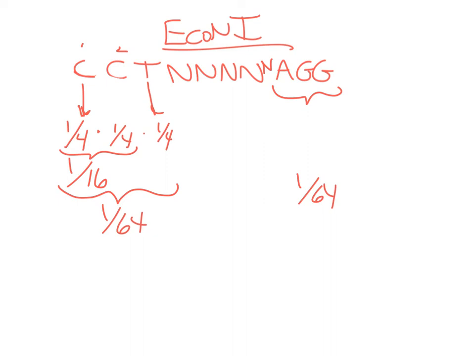It's 4 in 4, so 100%. It's 1. Because you grabbed a nucleotide, and that's all this says. N stands for any nucleotide, A, C, T, or G. So those probabilities are all 1.